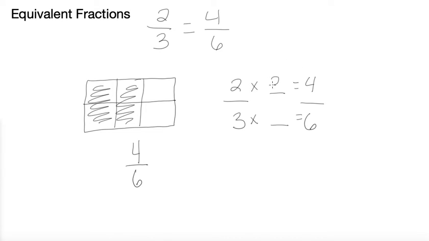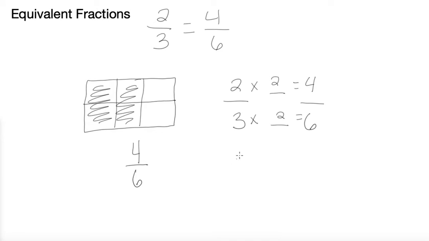Well, that's 2. 3 times what equals 6? Well, that's also 2. So this is a pattern that you can use. If you multiply your numerator and your denominator by the same number, you create an equivalent fraction.